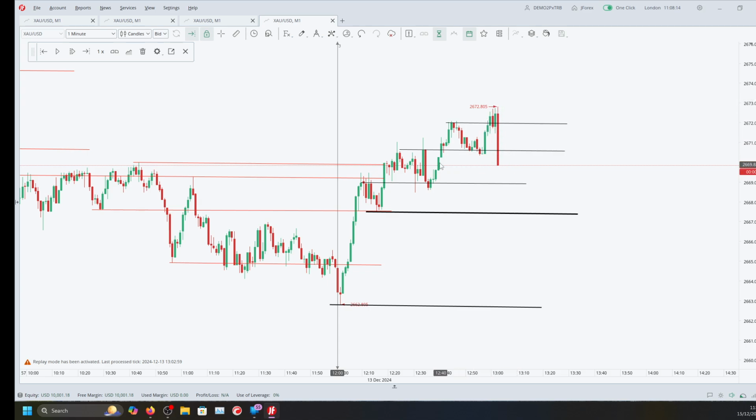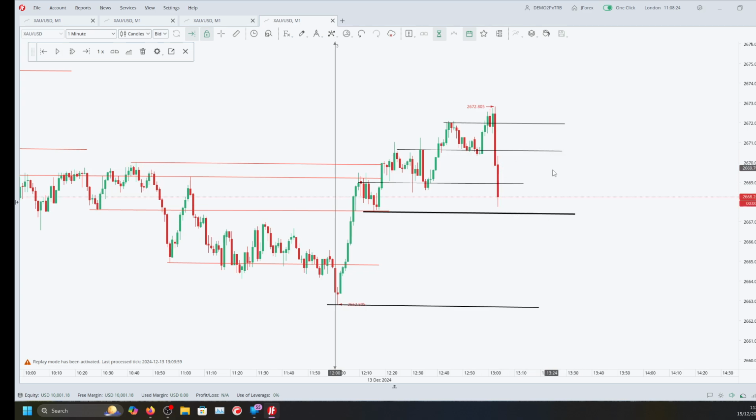So now I'm wary. I've gone long here, and then suddenly seeing this. Now if I've gone long here, I'm not sure where my stop would be, but I'm pretty sure I'd be getting out, because now we're seeing rejection and coming through structure points, minor structure.